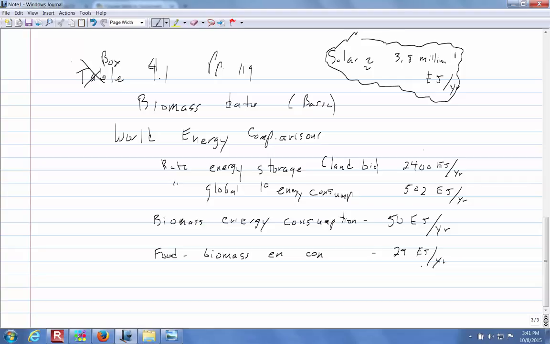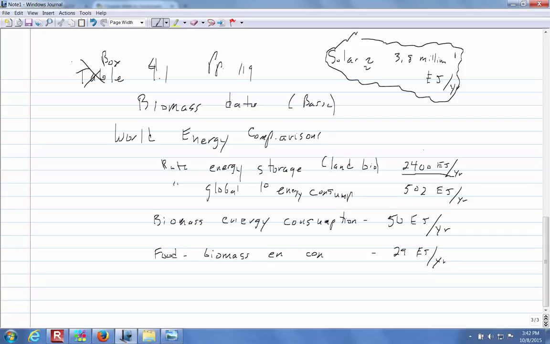This is exactly what I laid out in problem number 1, assignment 2. I wanted you to look at this data and find out, well, available on the Earth, there's 2,400 exajoules per year of biomass energy, okay?